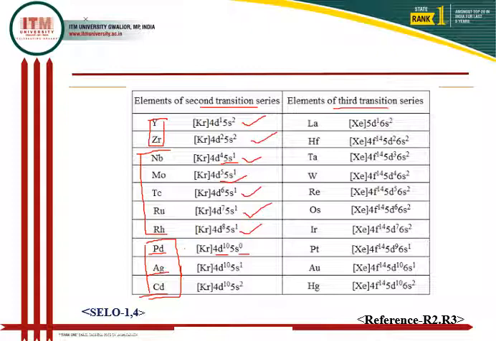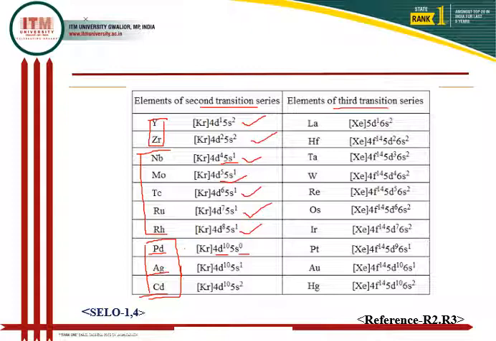Then niobium to rhodium is another pattern, having only one electron in the outermost shell, and from d4 to d8 there is regularity from niobium to rhodium. So this you can see for the second transition series.